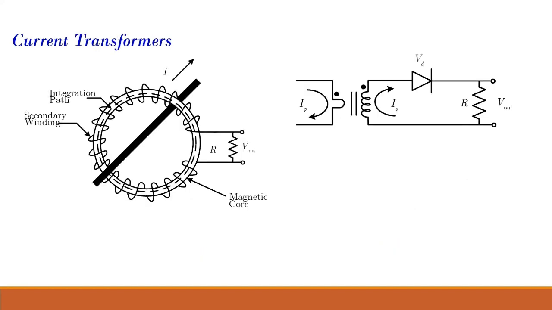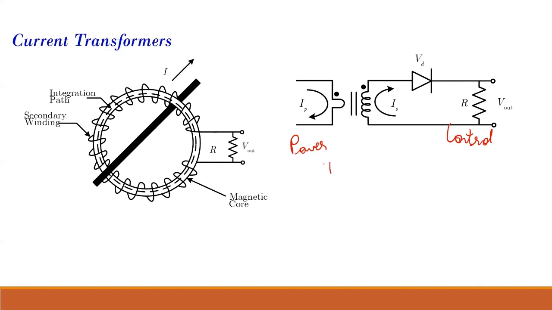Now we have considered DCR current sensing as well as resistive current sensing. Now we will study how we can do current sensing using a current transformer. The advantage of a current transformer is that the power circuit and the control circuit are separated.